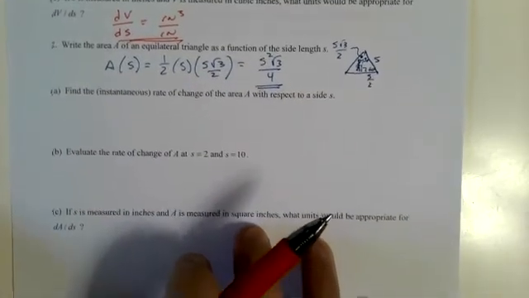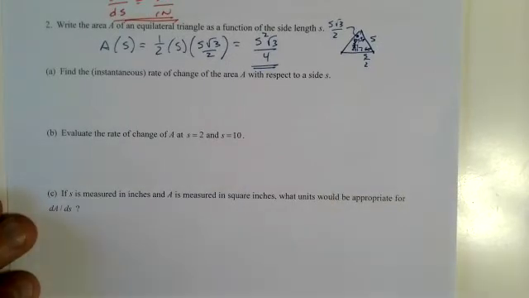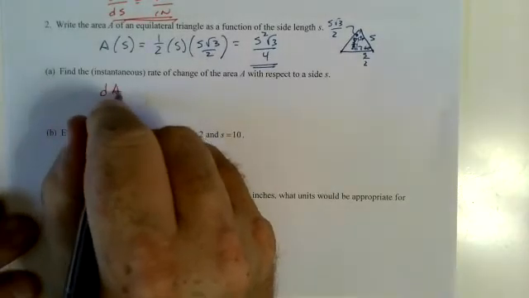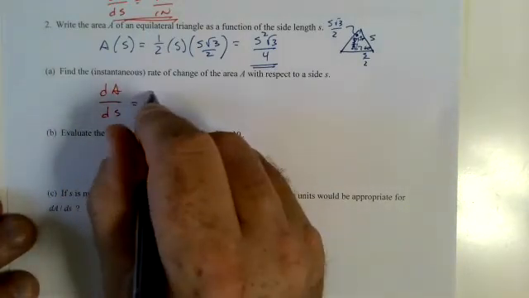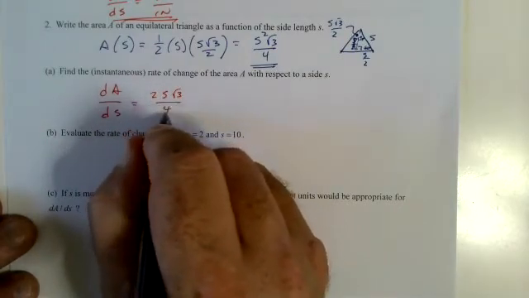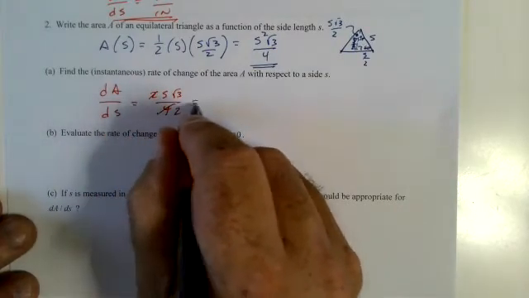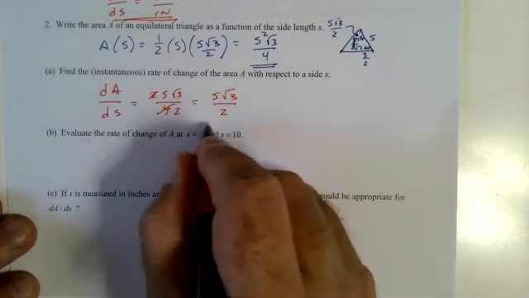Find the instantaneous rate of change of the area with respect to a side. So 2s root 3 over 4, s root 3 over 2.